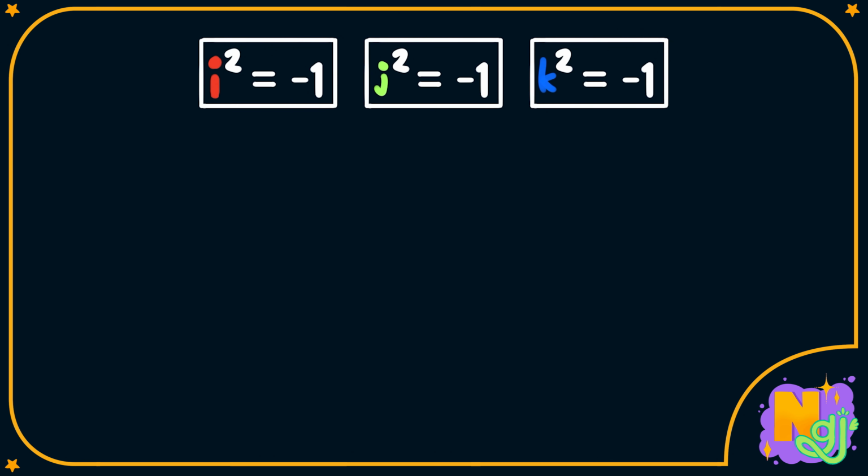But in 3D, we have 3 planes of rotation in the axes, like the basis planes of that coordinate system. So let's just add 2 more. They behave the same way. If we square them, we get -1. They behave exactly the same way, but they are distinct. They are not the same. So i is not the same as j, but if you square any of them, you get -1.